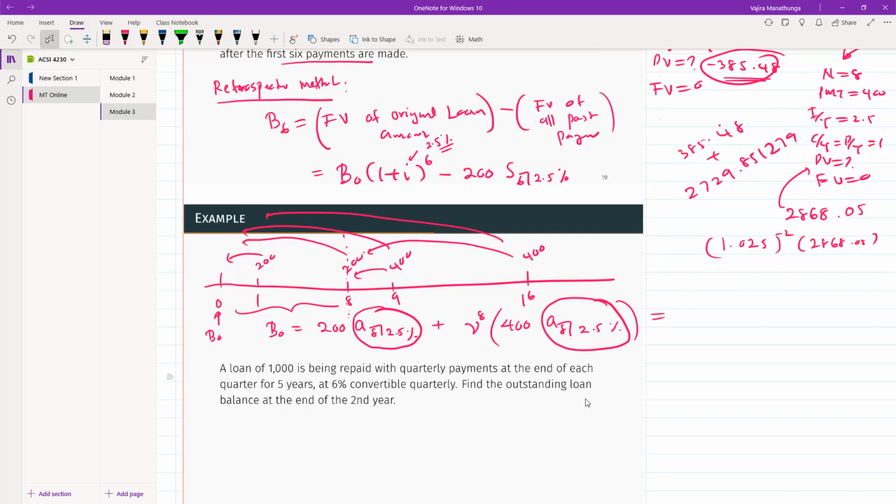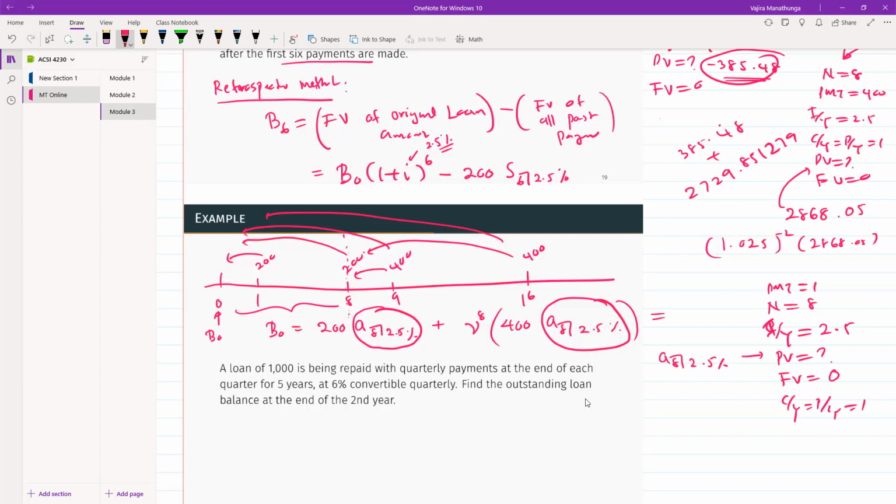So how do you get a-angle-8 at rate 2.5? You would enter n equal 8, rate 2.5, present value what you need, future value is 0. I/Y is 2.5, C/Y, P/Y is 1, payment is 1.